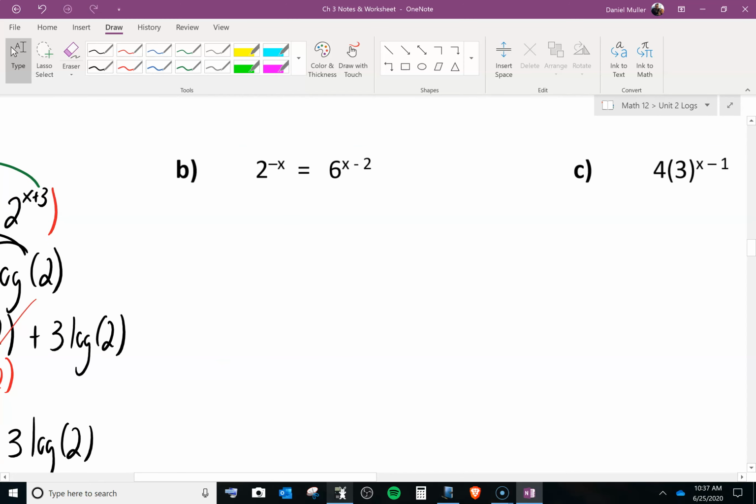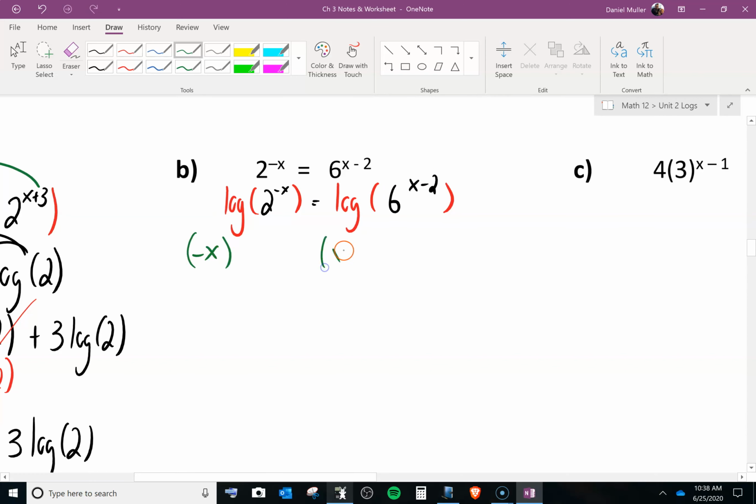2 and 6, there's nothing that'll work, so I'm just going to do a log of both sides. So 2 to the negative x and 6 to the x minus 2. So I can bring that negative x down, and I can bring the x minus 2 down. So this is a log of 2 and a log of 6.